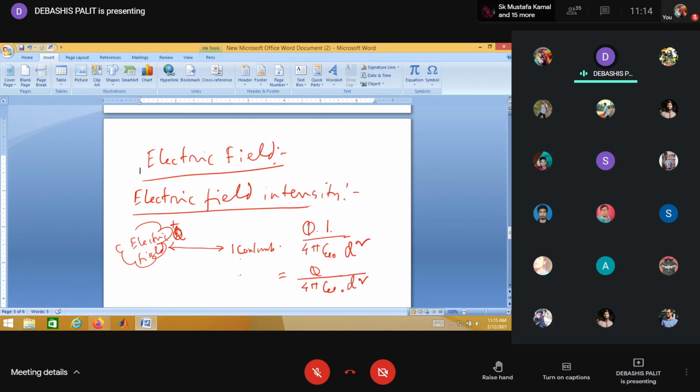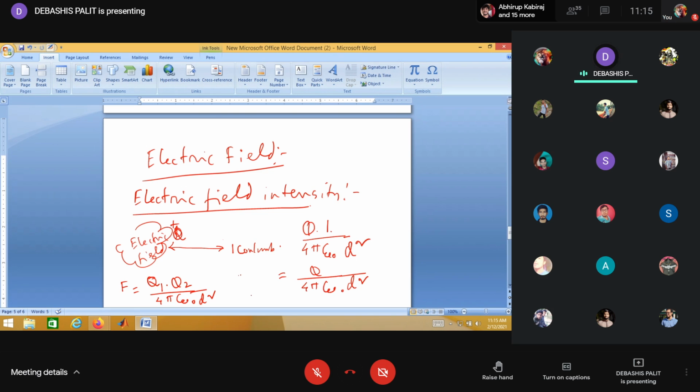So for the force acting on Q coulomb charge, if it is F, then per unit charge, so for 1 coulomb charge, that is F by Q. If you consider the total force F, that is equal to Q1 into Q2 by 4 pi epsilon 0 into d square.